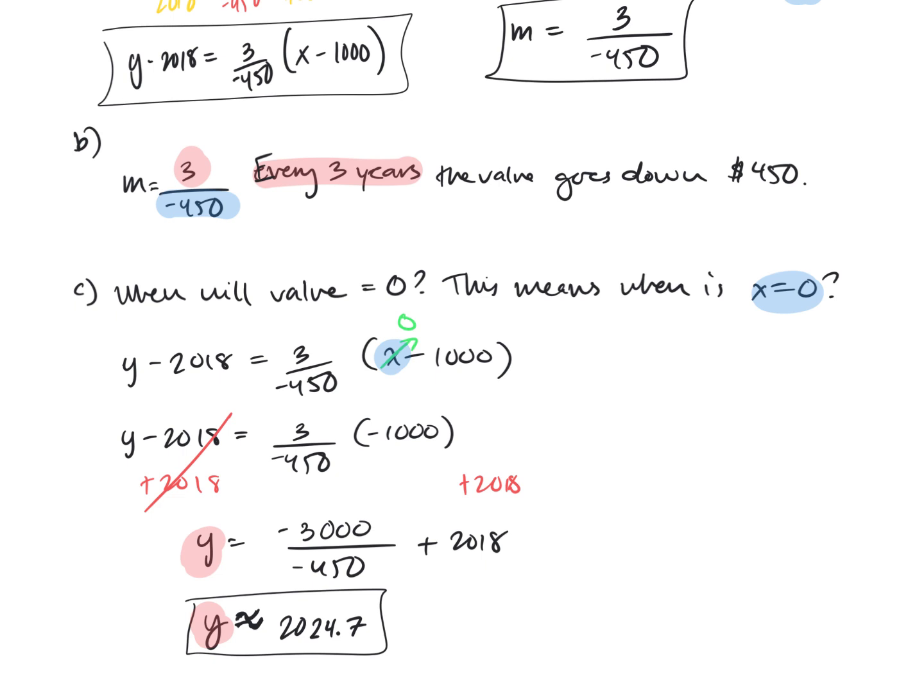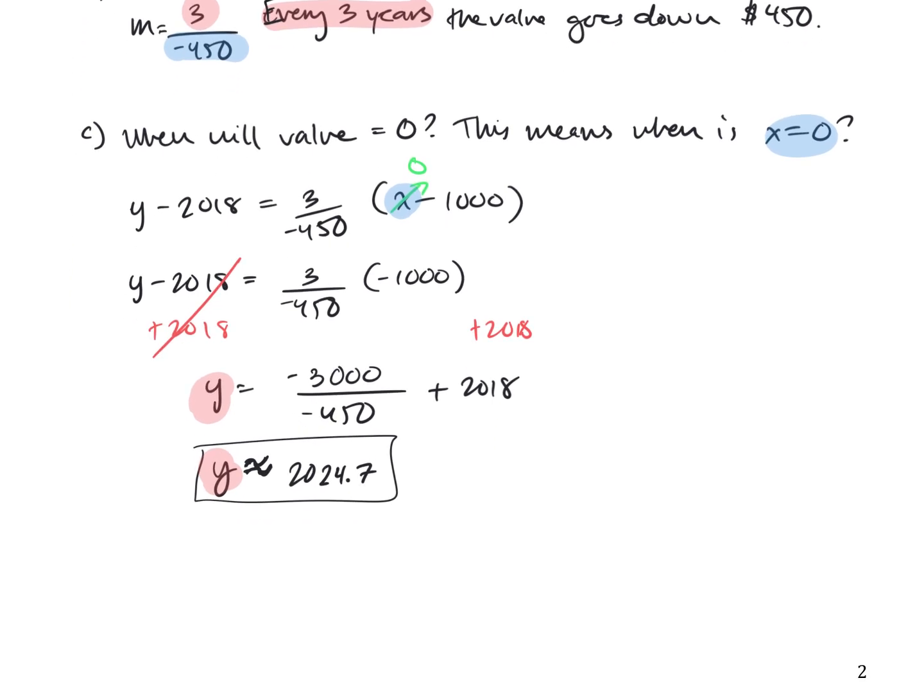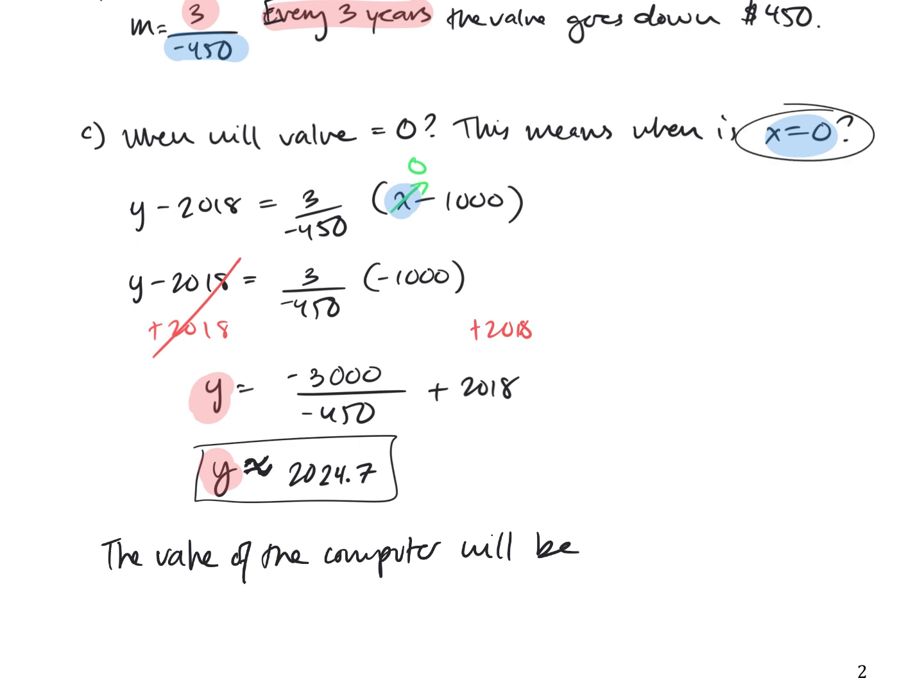So this is saying the value of my computer will be, what were we trying to find? We were trying to figure out when it's 0, which is why we had x equals 0. It will be 0 when the year is 2024. You could say approximately.